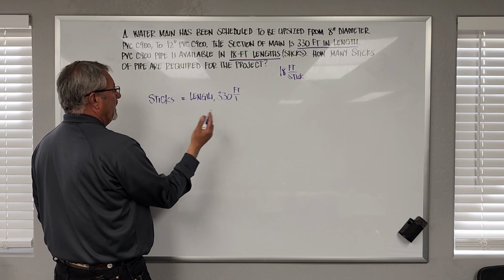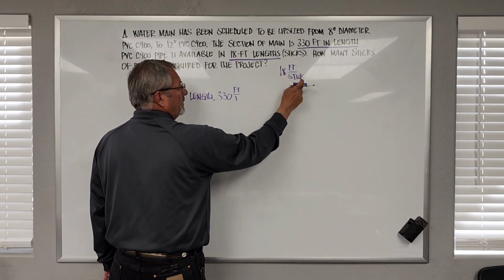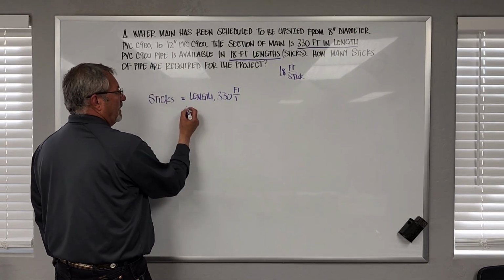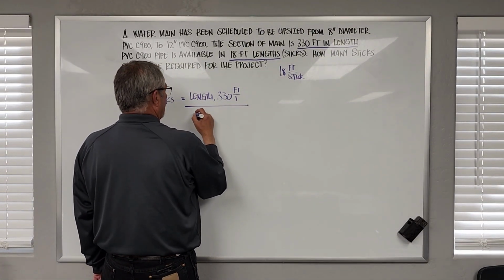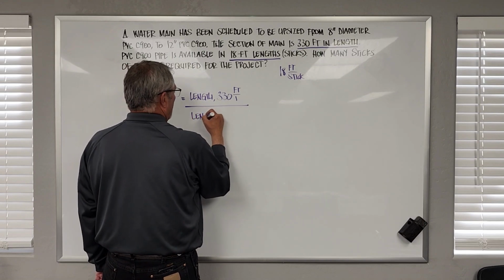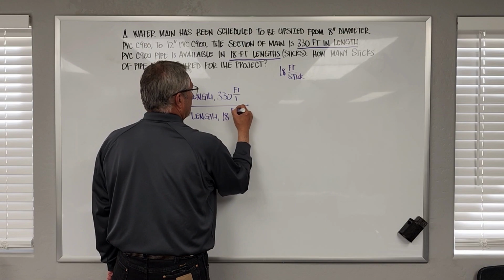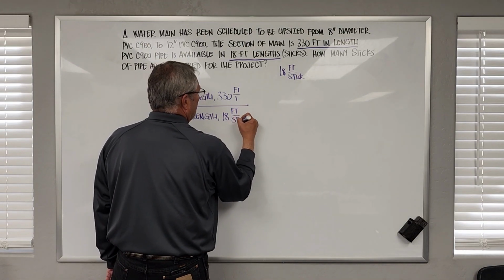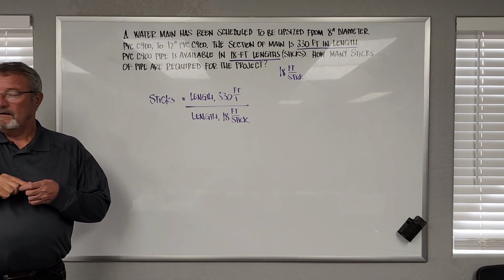And my unit of measure is in sticks. So I need to get rid of the feet, so I'm left with stick. I'm going to do that by dividing 18 feet over stick. You see what I did there?